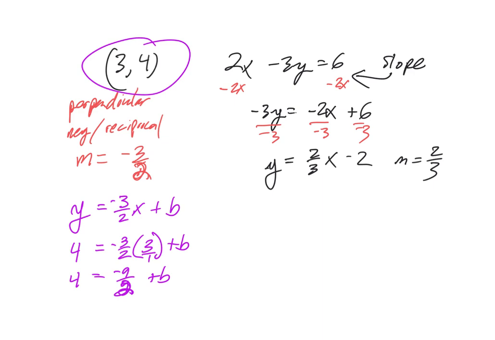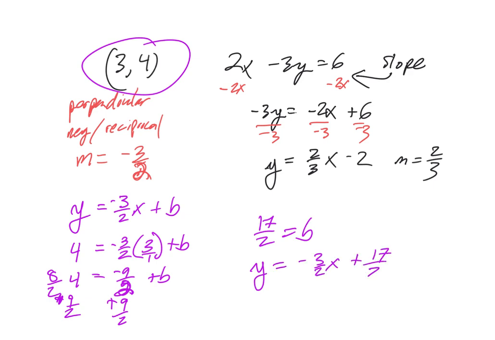I add 9/2 to both sides, which is 4.5. 4 is the same as 8/2, and I'm adding 9/2, so I'm going to have 17/2 equals b. So the equation would be y equals negative 3/2 x plus 17/2. And I think it asked me to write the line in slope-intercept form, so I'm good with that one.